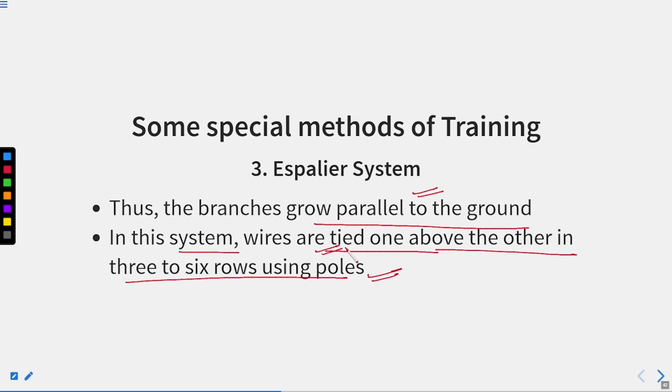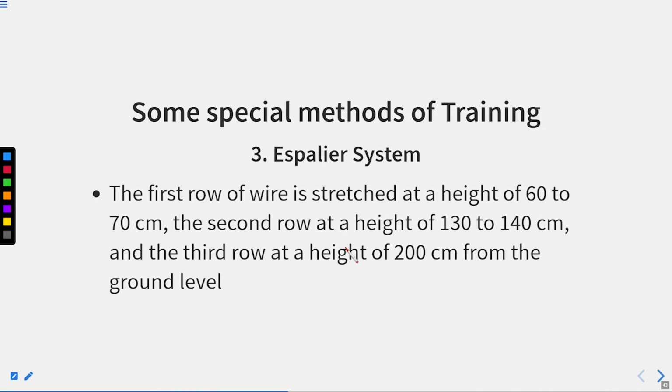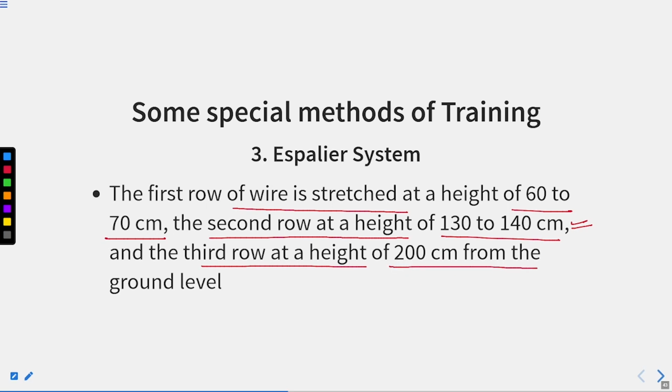We tie the branches with the wire and keep the branches in a way that they become parallel to the ground. The first row of wire is stretched at a height of 60 to 70 centimeters. The second row is at a height of 130 to 140 centimeters, and the third row at a height of 200 centimeters from the ground level.